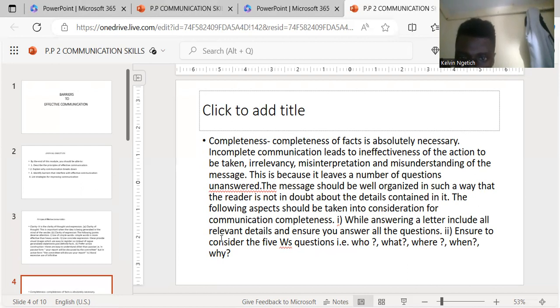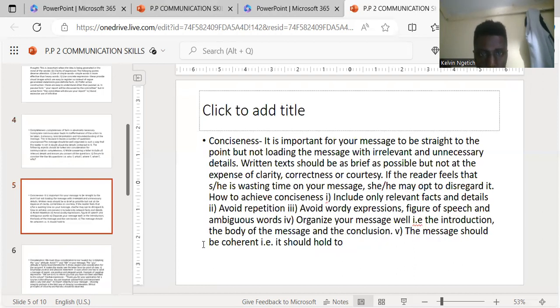The following aspects should be considered for completeness. Number one, while answering a letter, include all the relevant details and ensure you answer all the questions. Number two, consider the 5 Ws: who, what, where, when, and why.